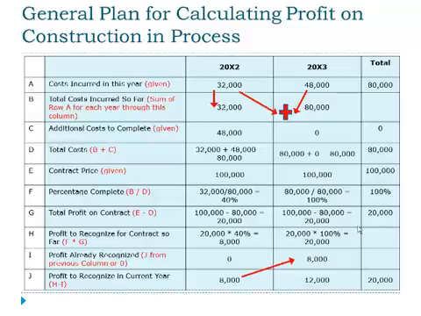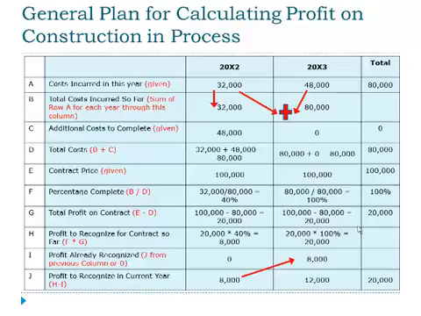In row B, I total up the total costs incurred. So in the first year, it is just the $32,000. If we look over at 2003, costs incurred in the second year were $48,000, and the total costs incurred are the sum of the costs incurred of 2002 plus the costs incurred in 2003, or $80,000.